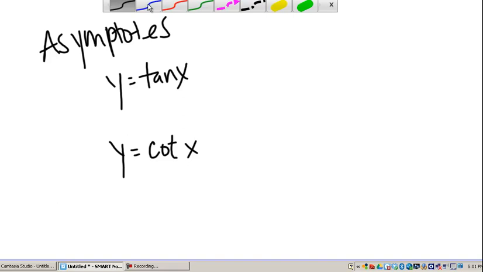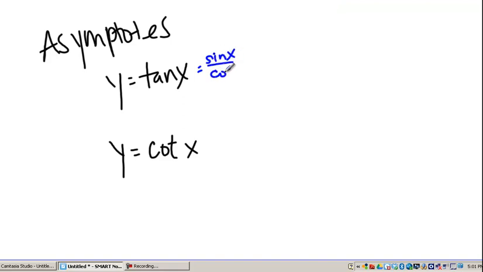Here's a hint: sine of x, cosine of x. Let's think about what creates an asymptote: when there is a 0 on the bottom of the fraction.